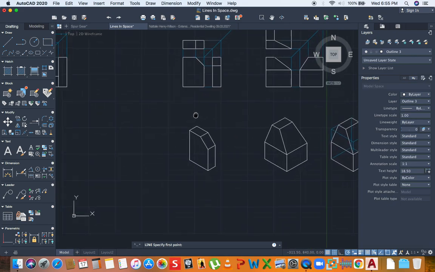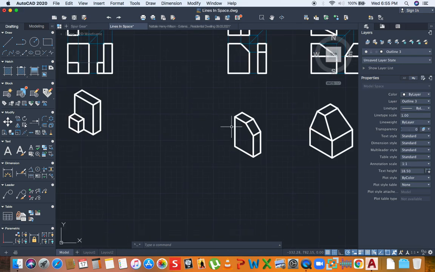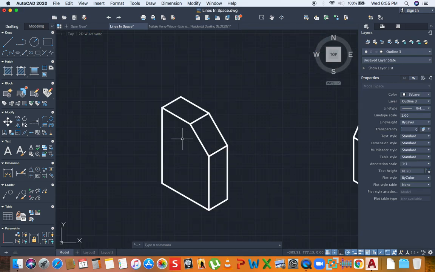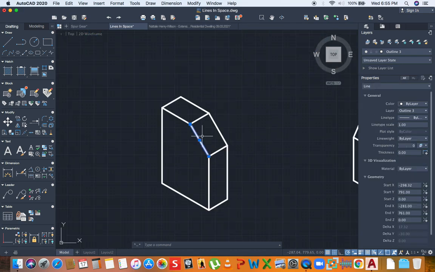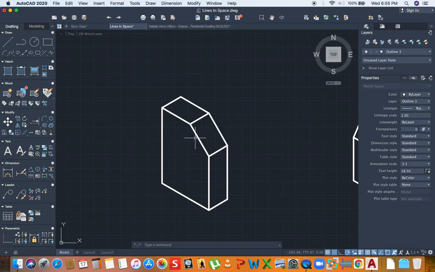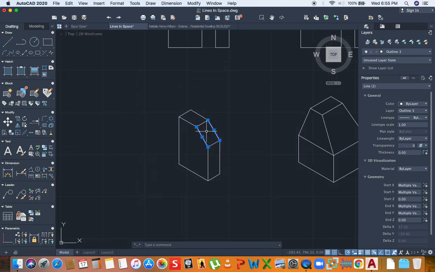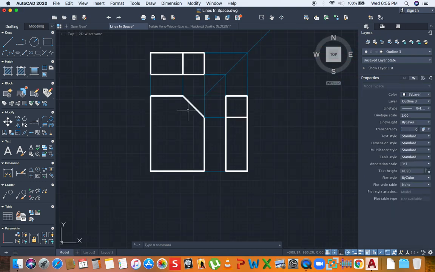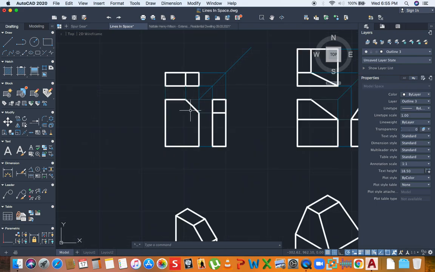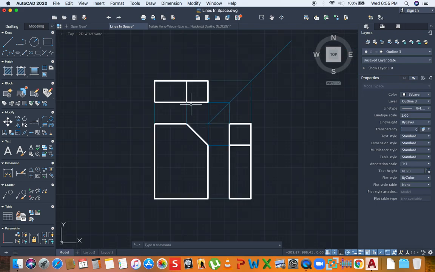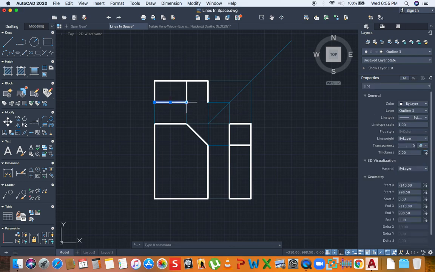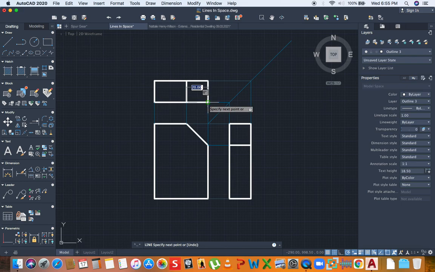All right, so let's look at some objects, like for example, this one. If you realize this line is inclined, this line is also inclined. So these lines, if you look on the front view, you'll realize that they are inclined. However, on the plan view, it would be, give me a moment, this line.